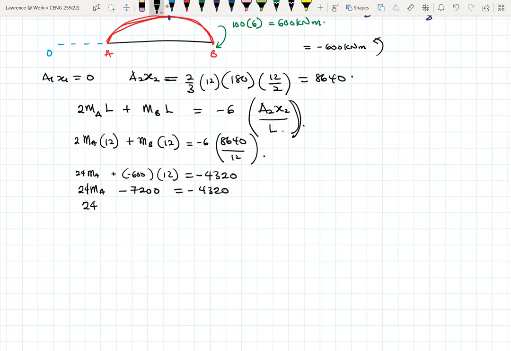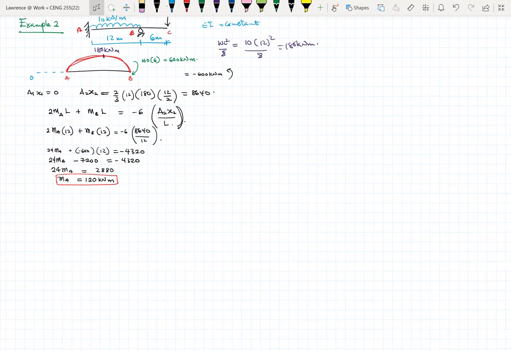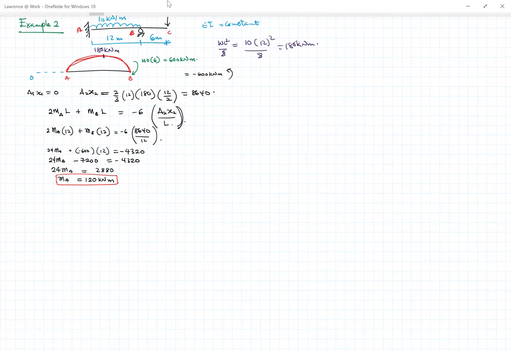So 24 MA will be equal to 2880, this goes to the other side. So our MA will be 120 kilonewton meter. This is our MA. We already know what the other moments are, so we know MA and we know MB, so we are good to go.